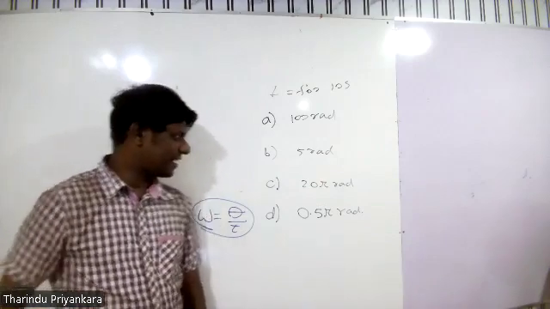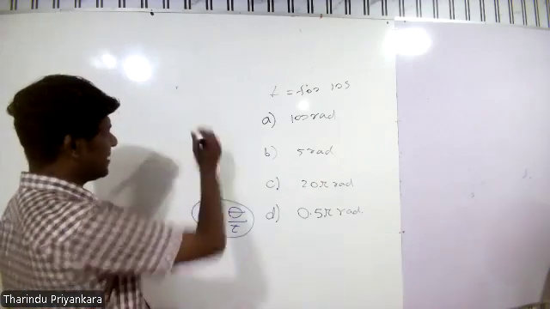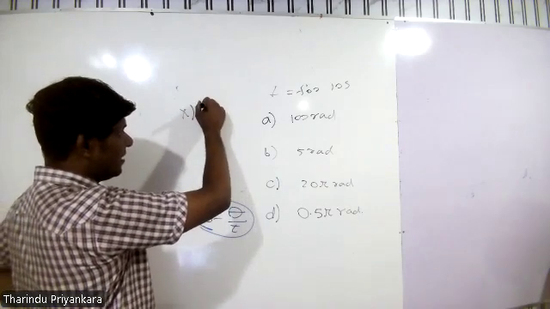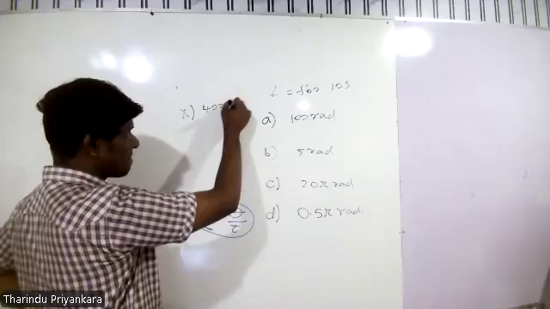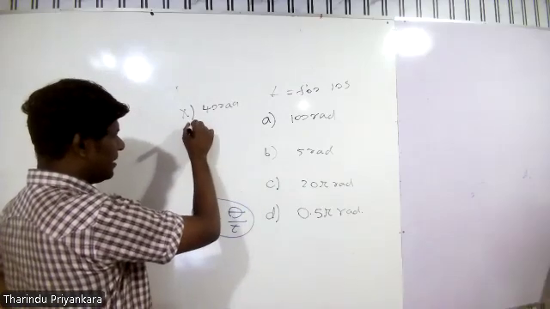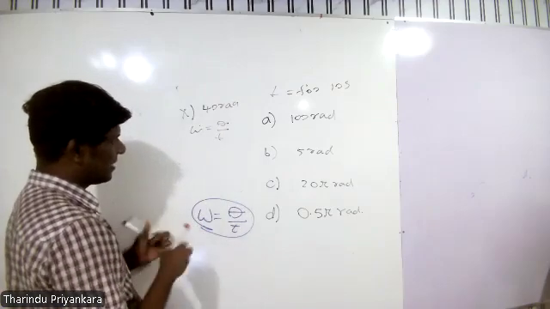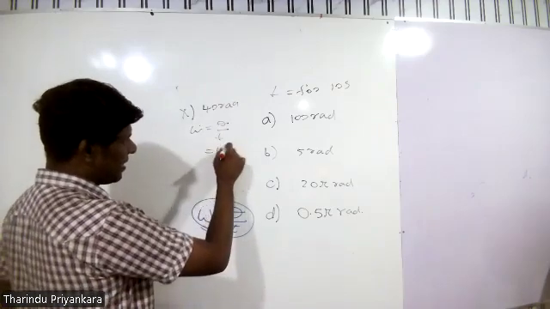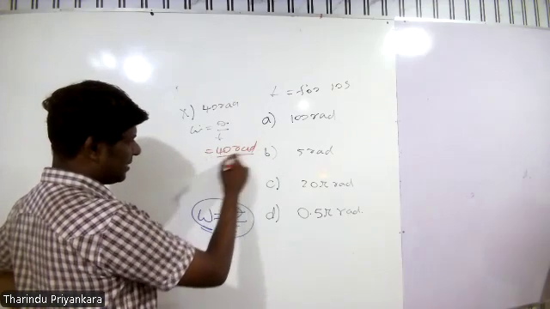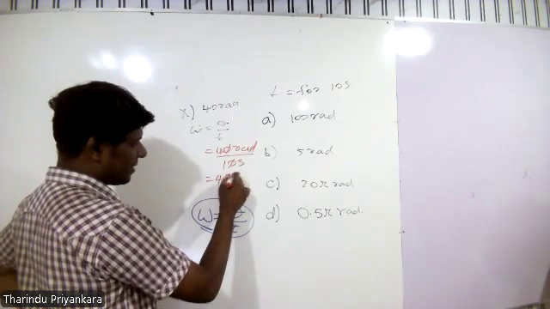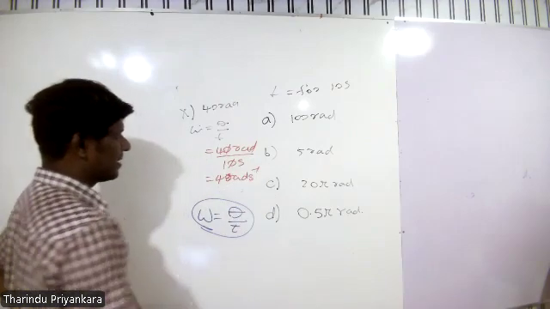I will do one example, two examples. Example number one. Omega equals theta over t. So it is 40 rad over 10 seconds, which is 4 rad s minus 1.